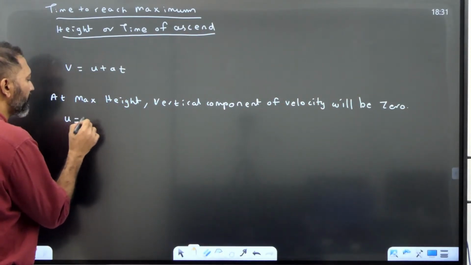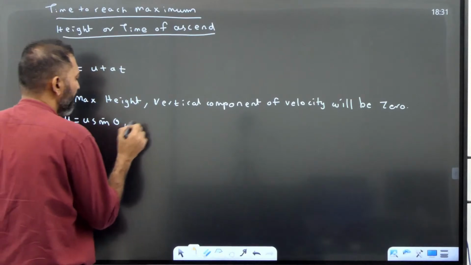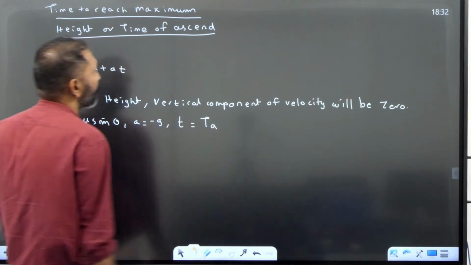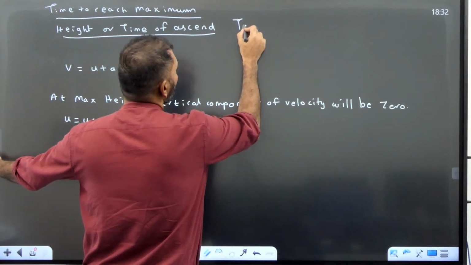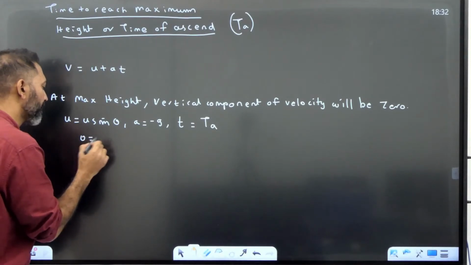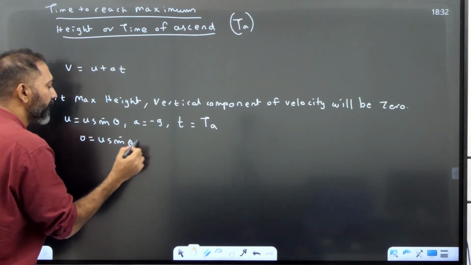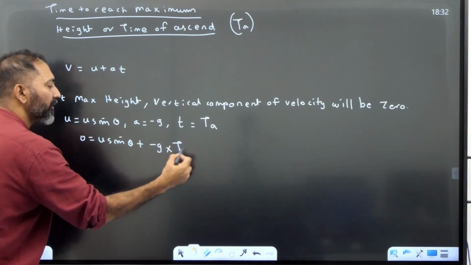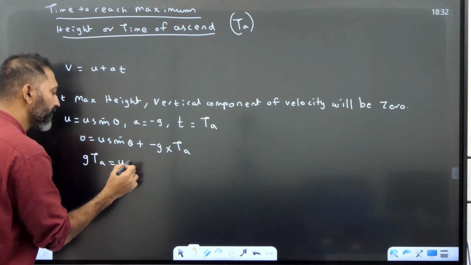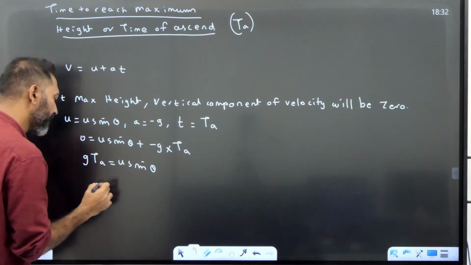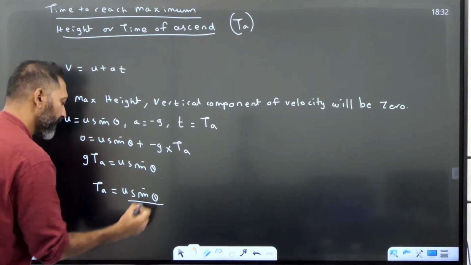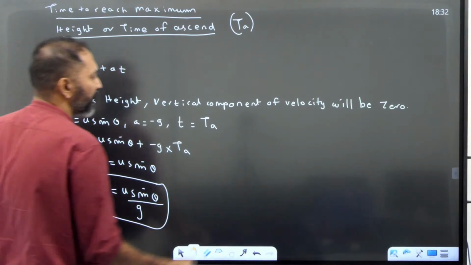So u is equal to u sin theta, a equals minus g. Instead of t, I am writing t suffix a, which stands for time of ascent. So 0 is equal to u sin theta minus g into t suffix a. That g t suffix a comes to this side, equal to u sin theta. So t suffix a is equal to u sin theta by g. This is the equation for time of ascent.